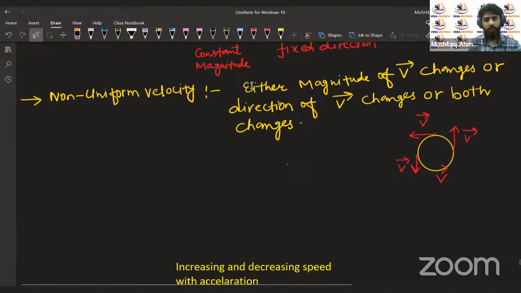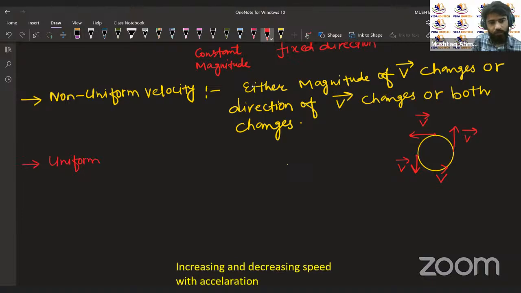So let's move on to another definition. It's important for us. That's the uniform acceleration, right? So uniform acceleration means a constant acceleration.